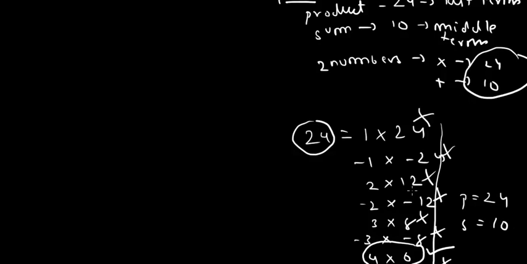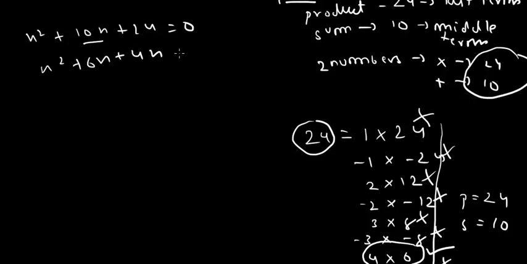Now let us go back again to the sum. X square plus 10x plus 24 is equal to 0. We split the middle term. We have x square plus 6x plus 4x plus 24 is equal to 0. So now we have split the middle term into two different terms, and both of these are linear terms. Now we divide this into two parts. We take out the common factors from both of these parts.